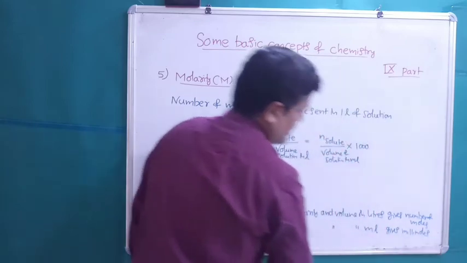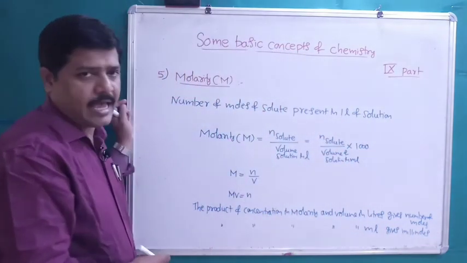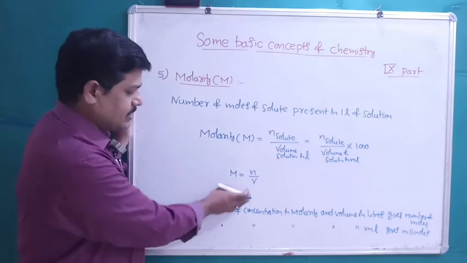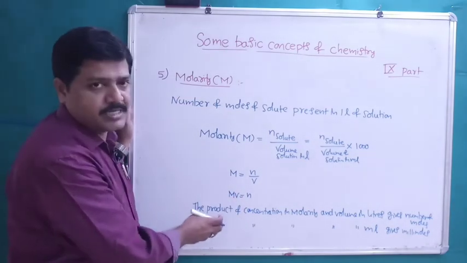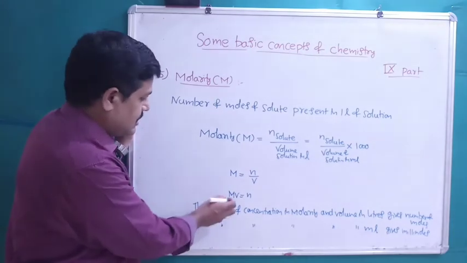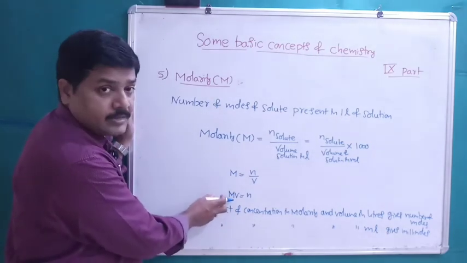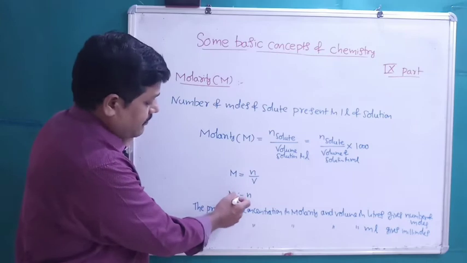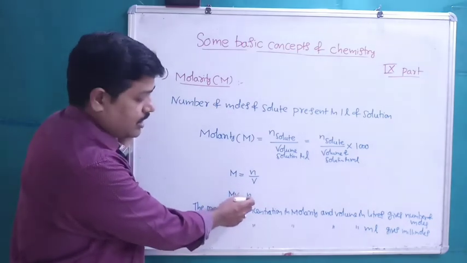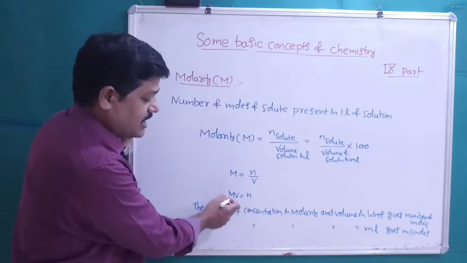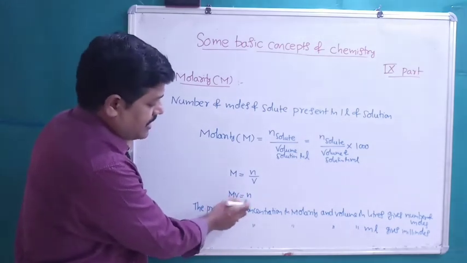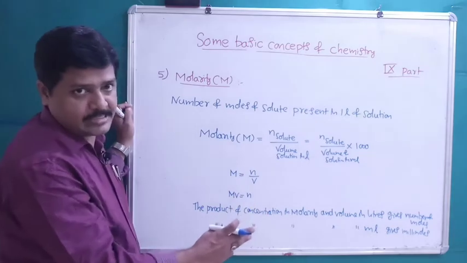When we are doing calculations based on acid base titrations, this concept of millimoles and moles is very, very important. The product of molarity and the volume in liters gives us number of moles. The product of molarity and volume in ml gives us millimoles.